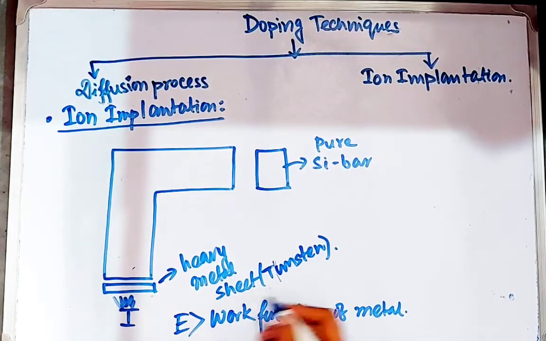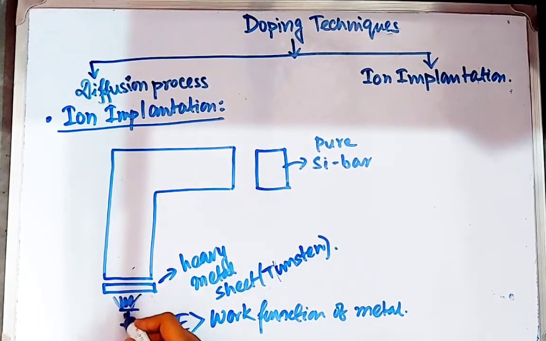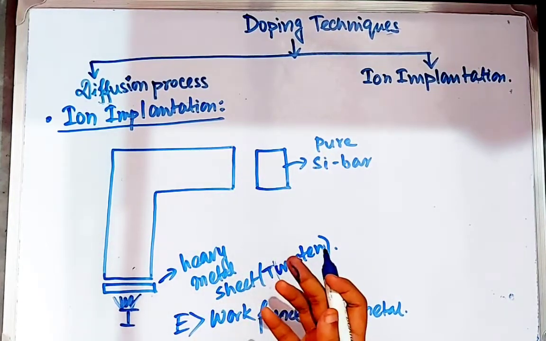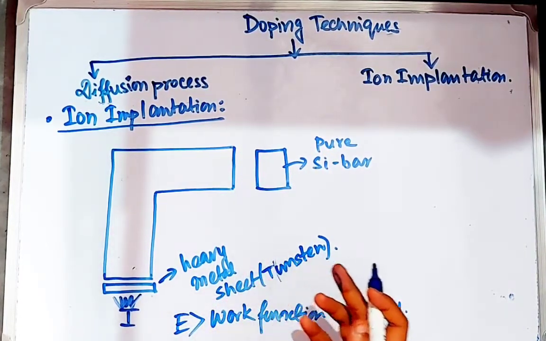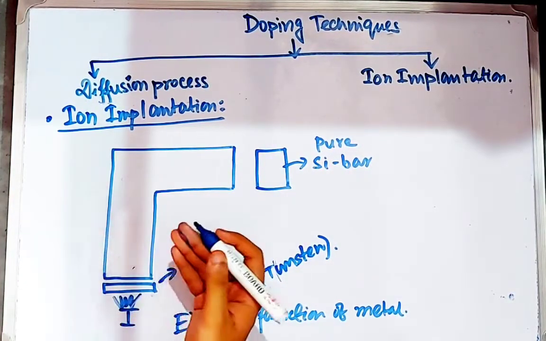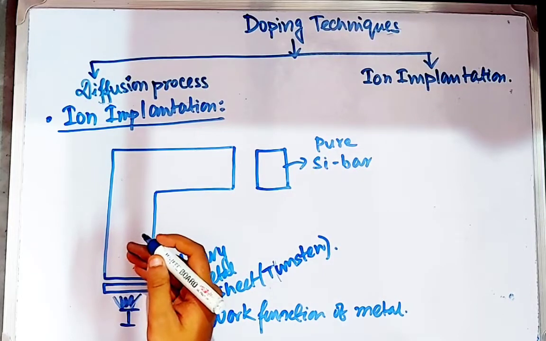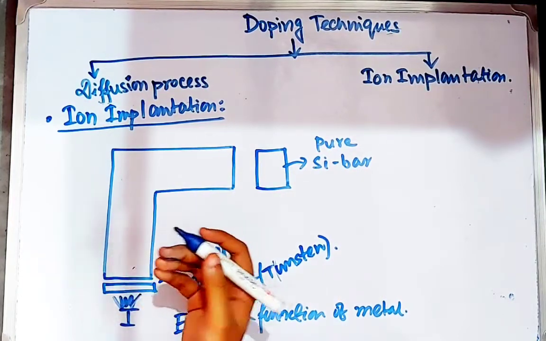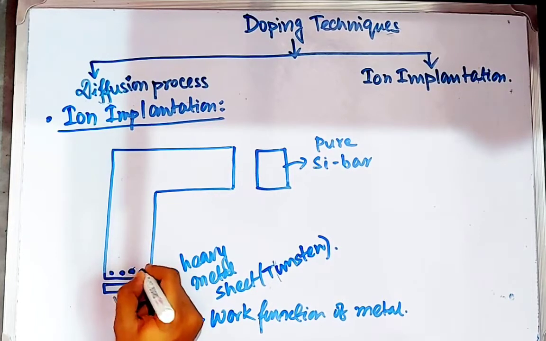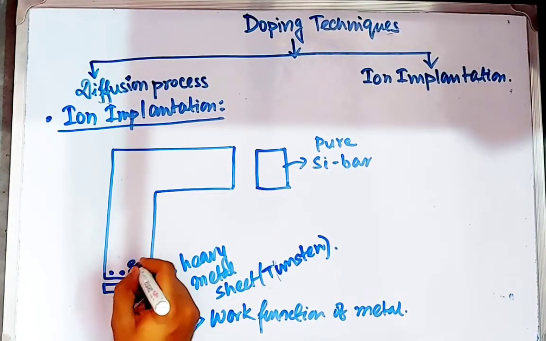So the burner should give a sufficient amount of energy which is greater than the work function of the metal. Then the valence electron will get removed from the valence shell, and that electron will come, suppose, in this place.